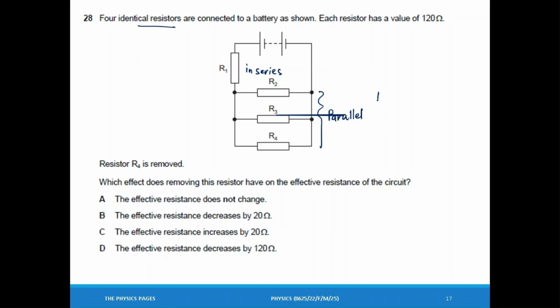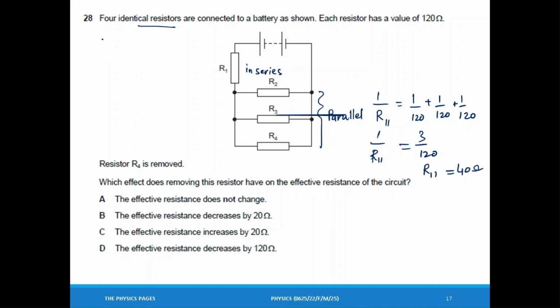We know that for a parallel circuit, 1 over R effective is equal to 1 over R2 plus 1 over R3 plus 1 over R4. So 1 over R effective parallel will be equal to 3 over 120. So I can say the parallel circuit is giving 40 ohm resistance.